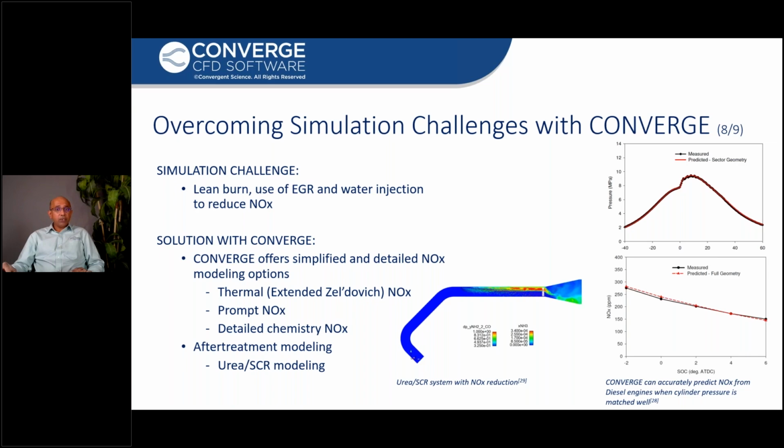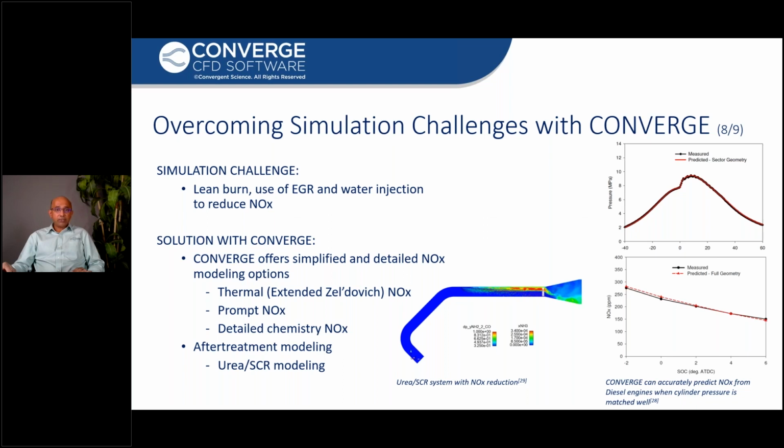With hydrogen burning hotter, one of the concerns to engine designers is higher NOx emissions, or nitrogen oxide emissions. There are several methods that can be used for NOx reduction, such as lean burn, use of EGR, and water injection. Most of these strategies require accurate numerical simulations that resolve gas mixing, liquid spray, evaporation of that liquid spray, and combustion as well.